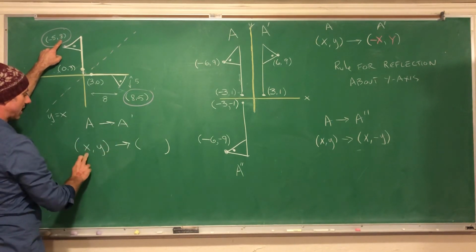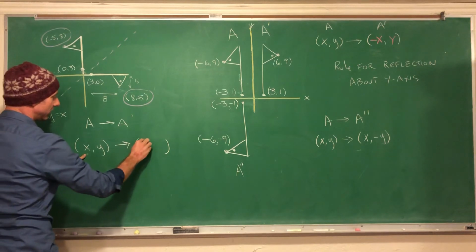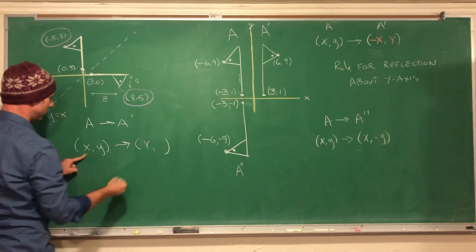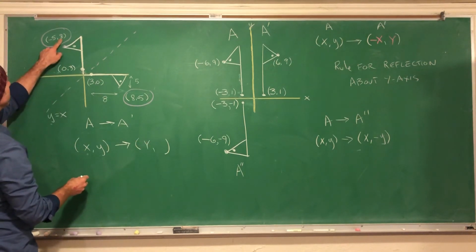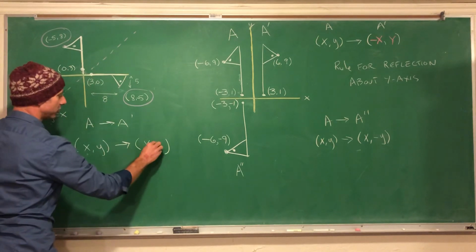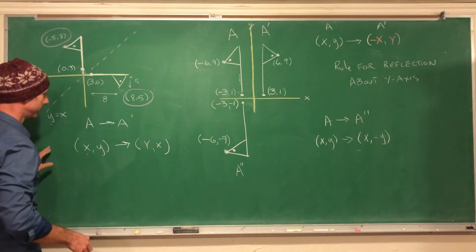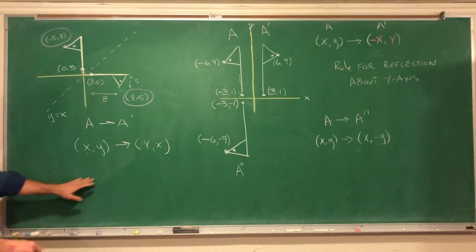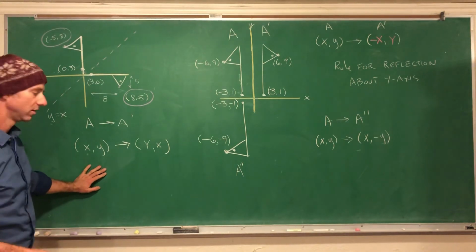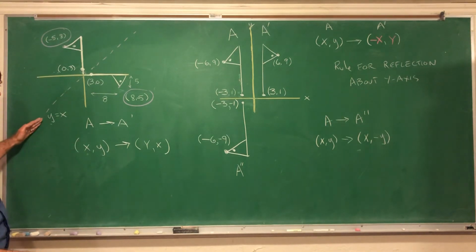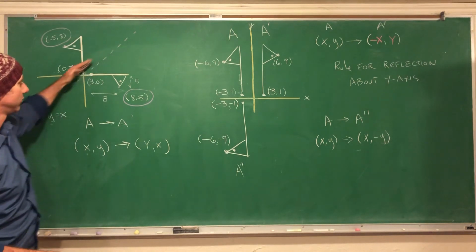Check this out. So now my x point is actually my y point, and my y point is now my x point. So reflection about this line right here follows this rule.